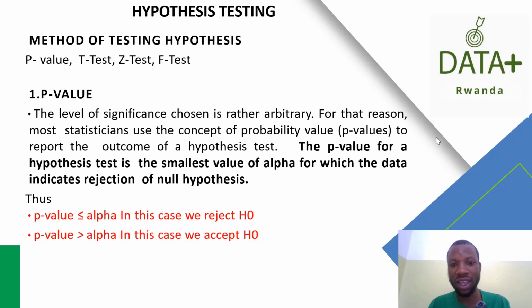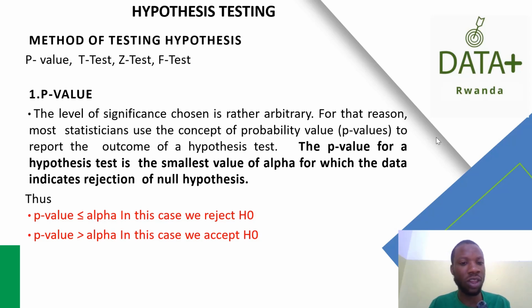Those 5% are the acceptable error we can tolerate. But the p-value is the error we made compared to what is tolerated. If we compare the error we make, the p-value, with the acceptable error, the level of significance, and see whether it is high or low, that's where we are going to make decisions.